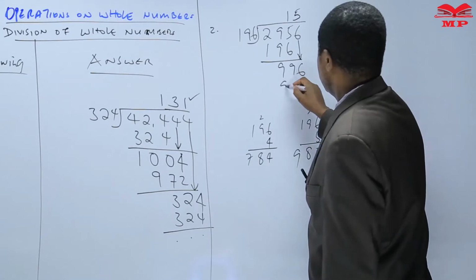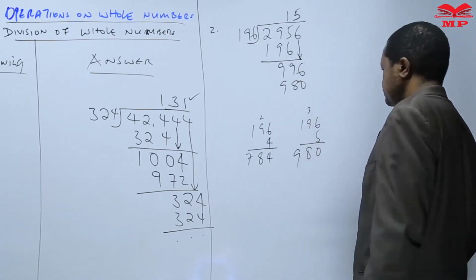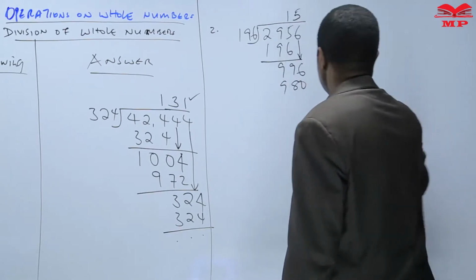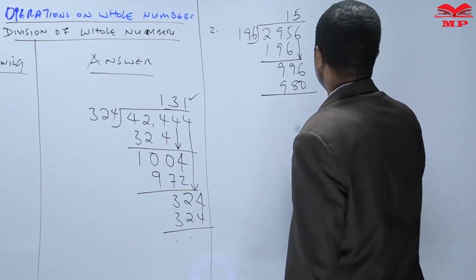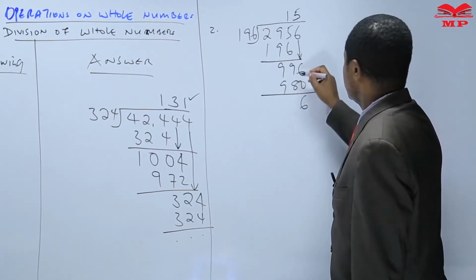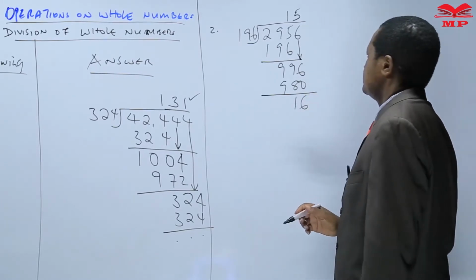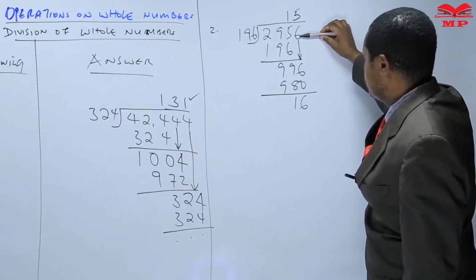Then 980. After subtracting that, we get the difference 16. So there is no number to divide further.